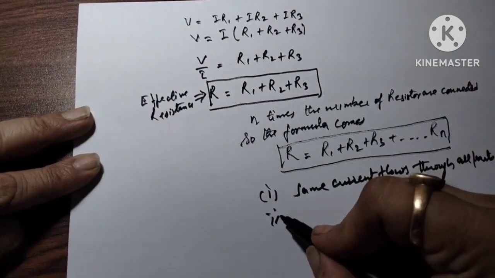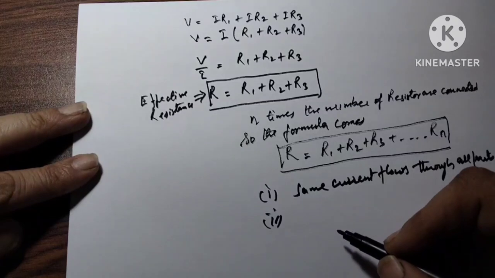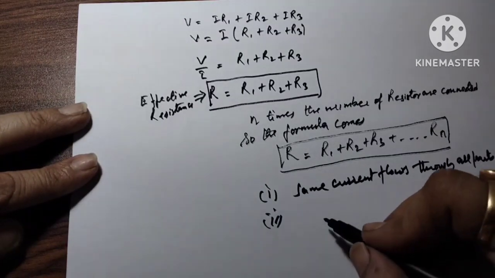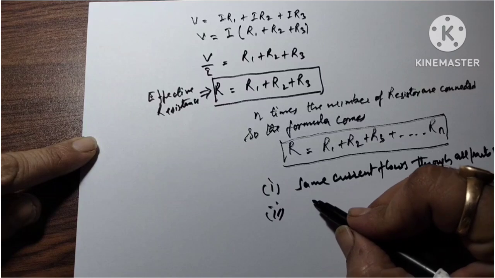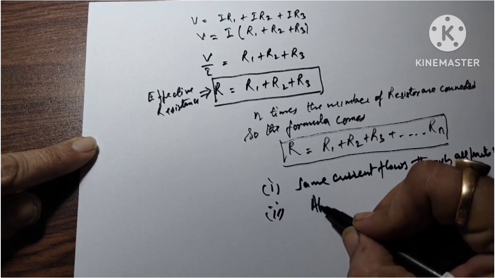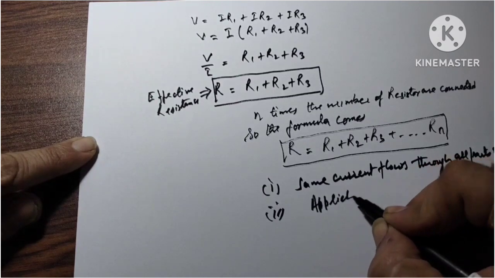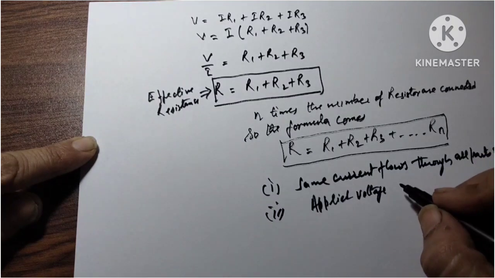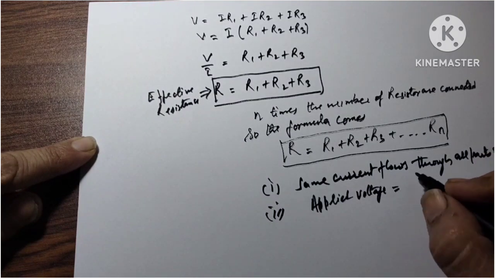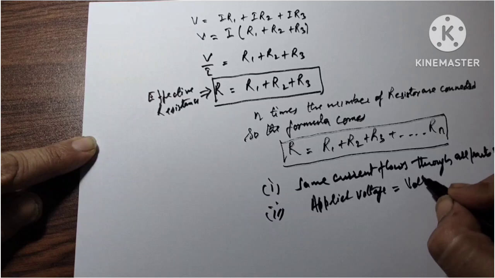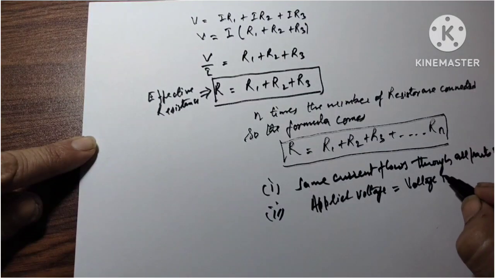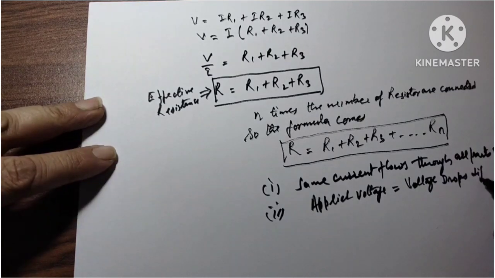Second, applied voltage is equal to the sum of the voltage drops across the different parts of the circuit. Applied voltage is equal to the voltage drops across different resistors.